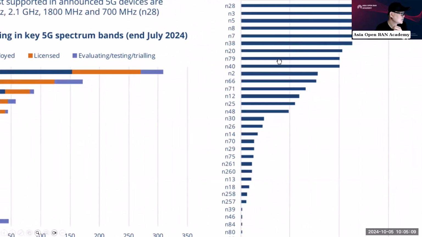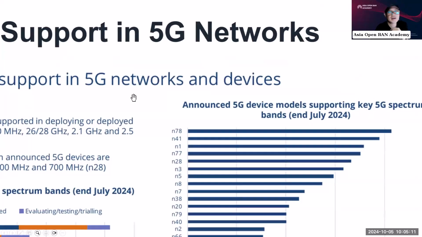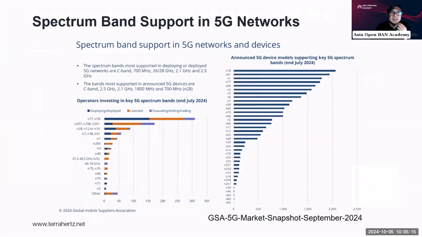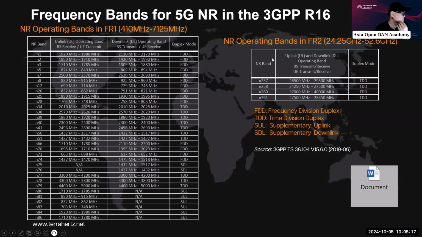Sir, hindi kita maintindihan. I cannot understand ano yung sabihin ng N78 and N41 or N1, no? So, kapag tinignan natin yan, ito yun. Yan. So, ito yung N. Okay? Ito yung N values. So, when you say N78, nandito yan. Ito yung N78.